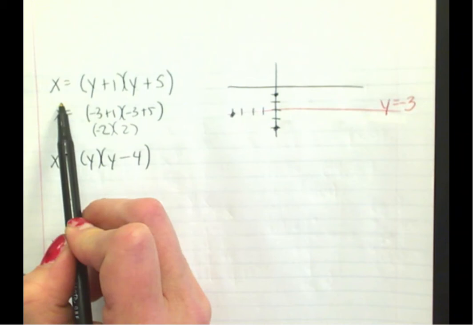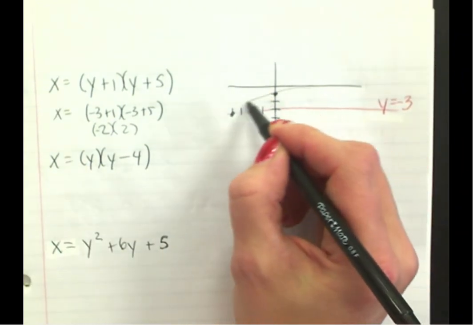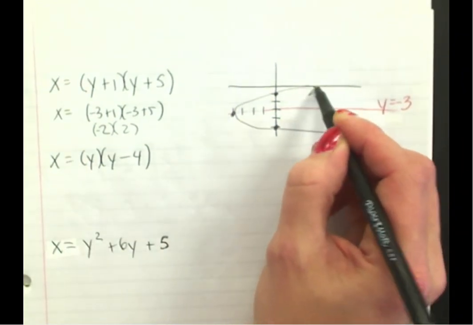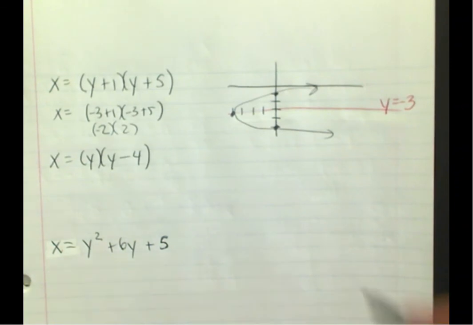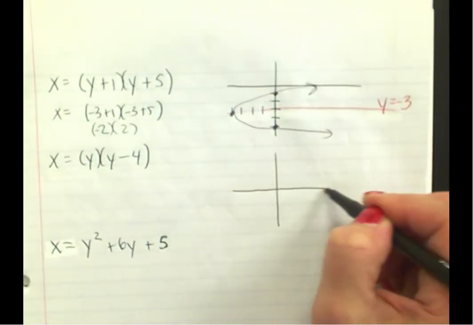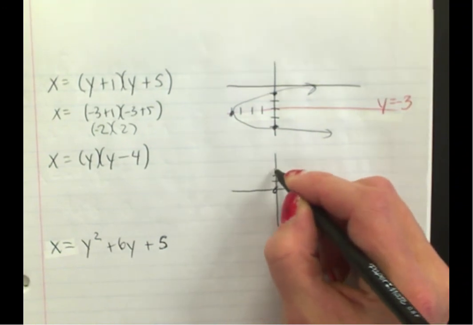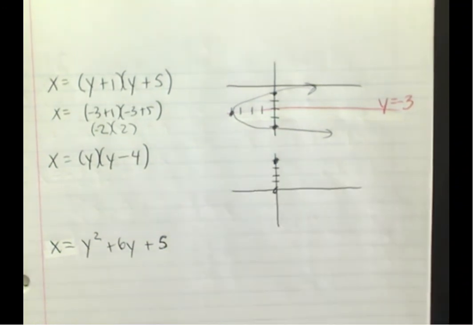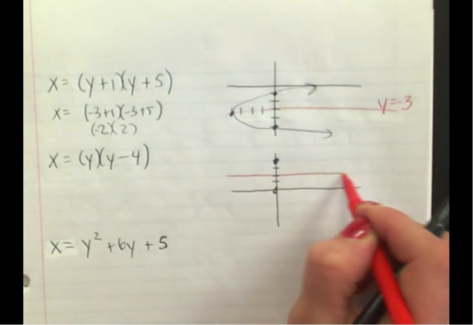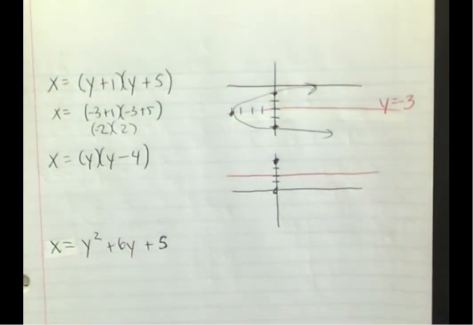The graph is opening right. There you go. You guys are almost there. 0 and positive 4. That's why I would draw your axis of symmetry, because at least you know what line the vertex is supposed to go on.